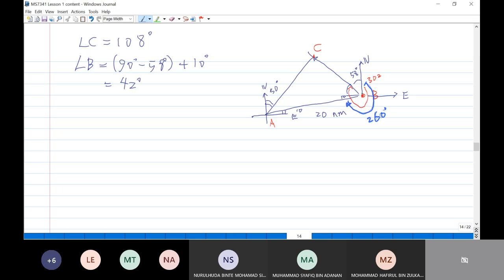So I have two angles now. One of them is 108, this is 42. So angle C I found using the parallel line. Then angle B I used the right angle triangle, because the northwest angle is 90 degrees, so minus that, plus 10. And then how to find angle A now?